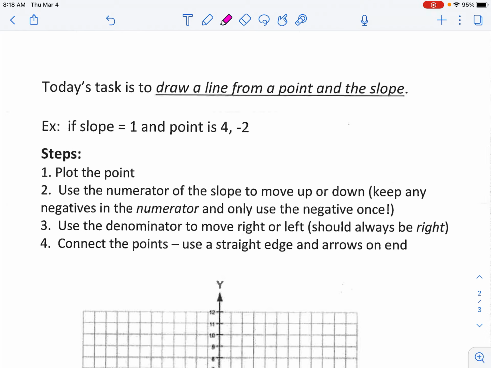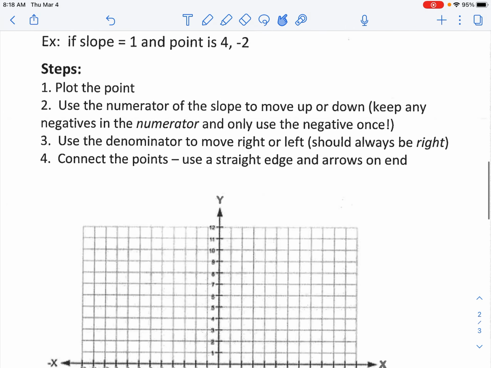So today's task is to draw a line from a point and the slope. So if I give you 1 point and I give you the slope, you should be able to make another point and then connect those 2 points to draw a line. So let's go through these steps one at a time. Step number 1, plot the point.